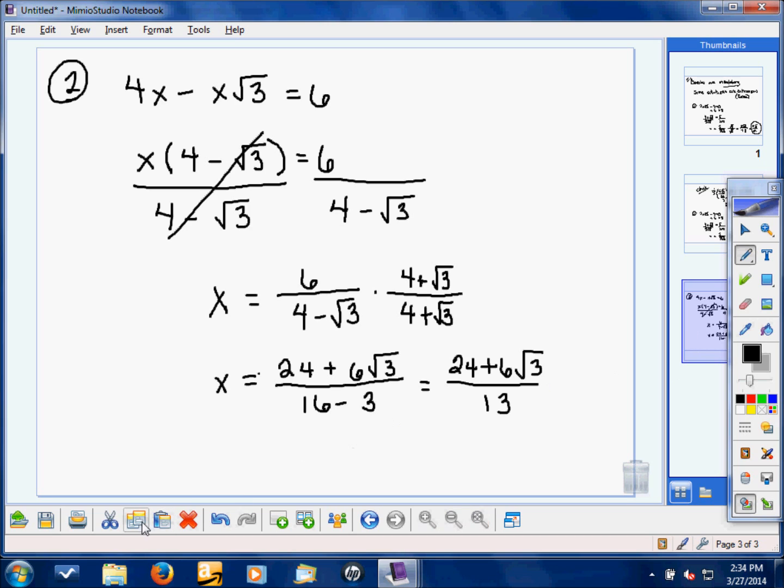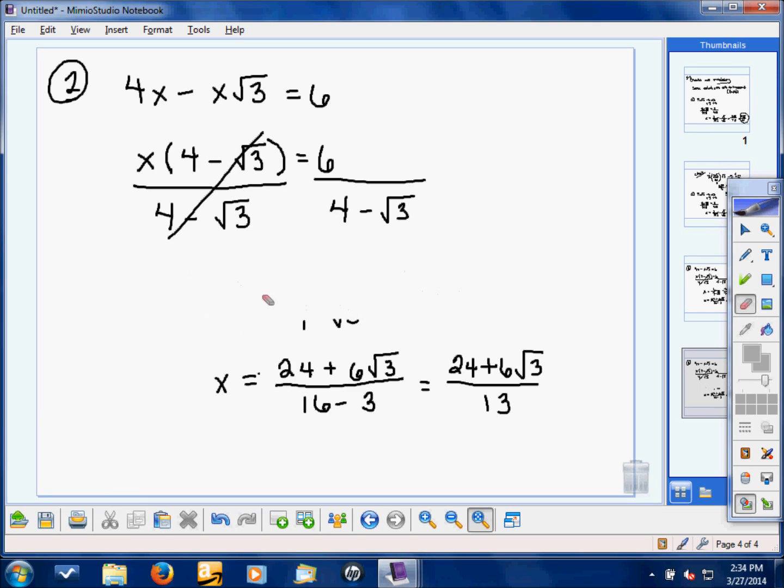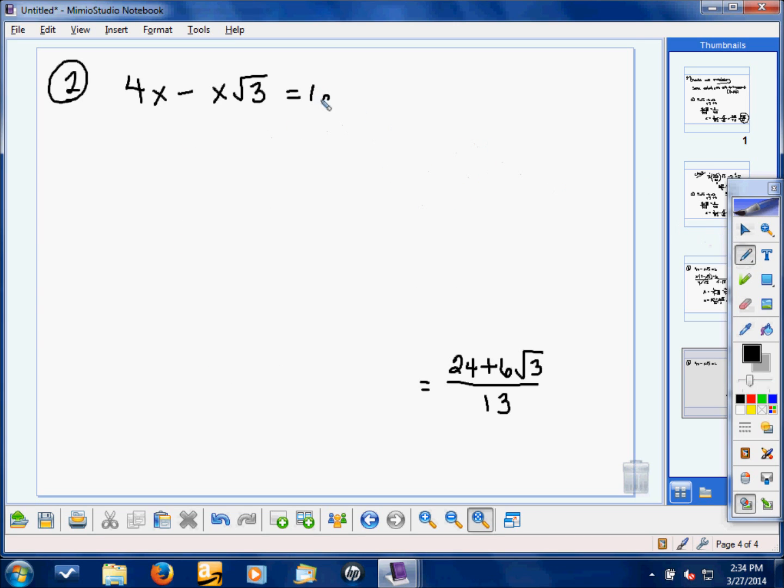Okay, so I'm going to erase all this because I need space. The bottom right corner I'm keeping, and this is number 2. We're going to check. Let's check this.